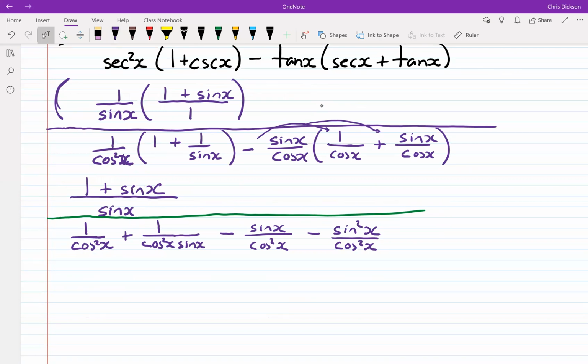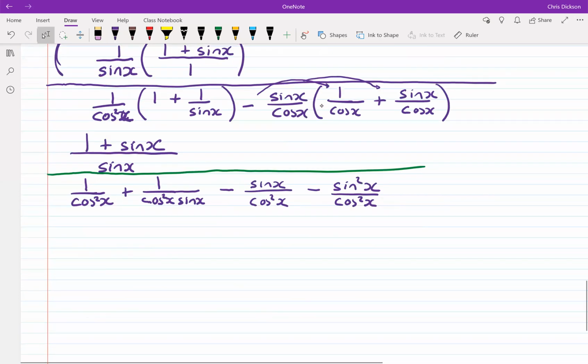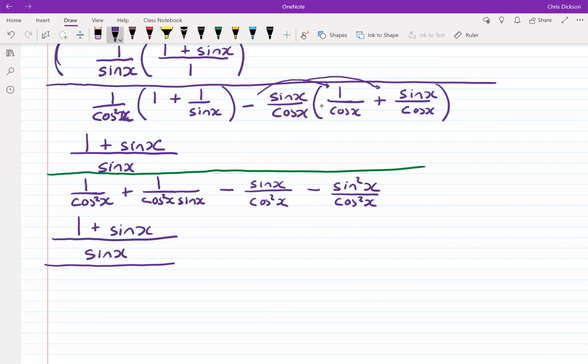Okay, so let's take a look here. Let's carry that down. There was actually a factoring thing we could have done here, but I was not thinking. Okay, sorry. So let's see if we can tidy this up a little bit.